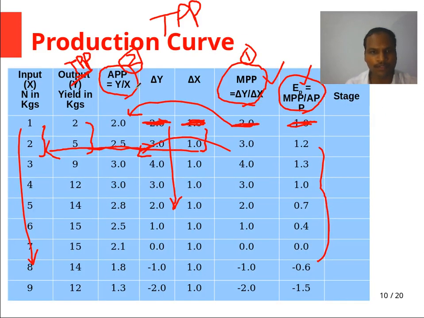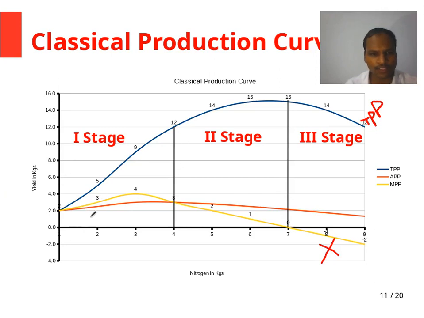So when the nitrogen is 1 kg, the APP is 2. When it is 2, it is 2.5. When it is 3, it is 3. So for that, it is drawn here. So this is the APP curve.